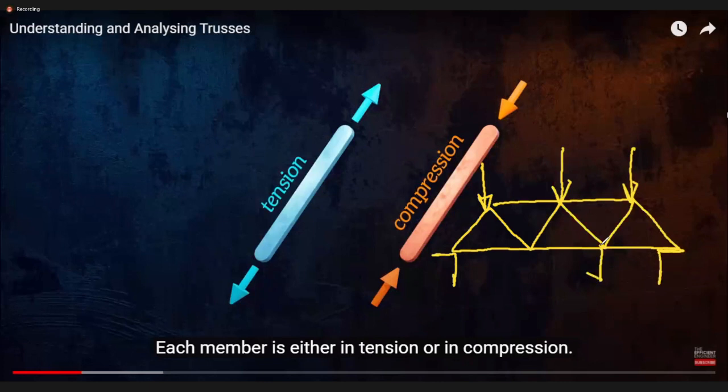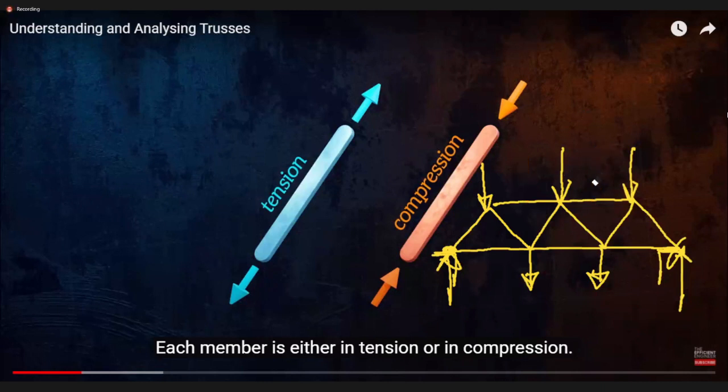Say maybe here there is some force, here also there is some force, and here is a joint where it is supported, there also a support reaction will come. In truss analysis, when there is a force in between, then it doesn't behave with only tension and compression, it changes altogether.